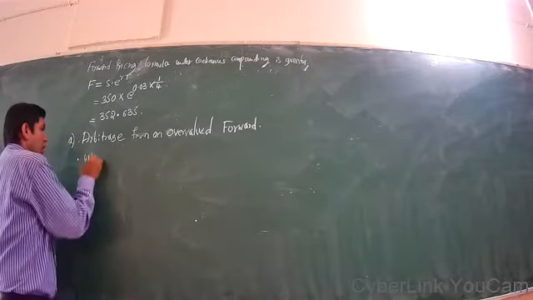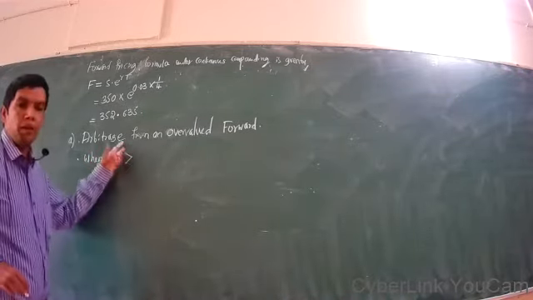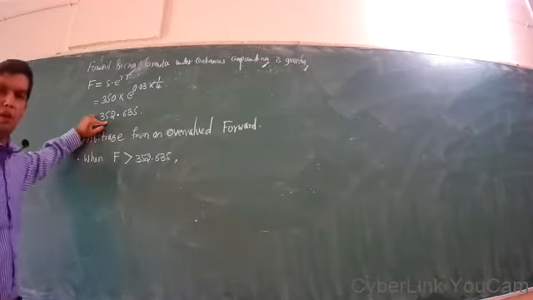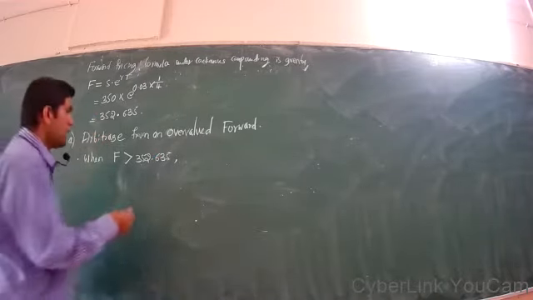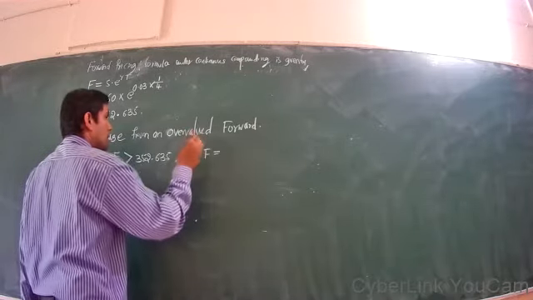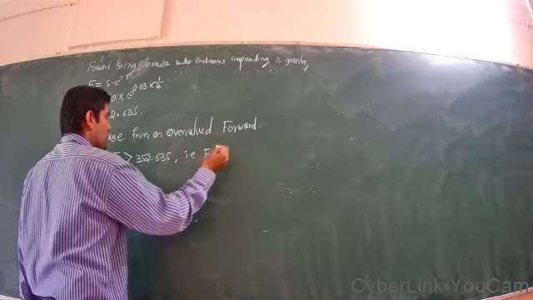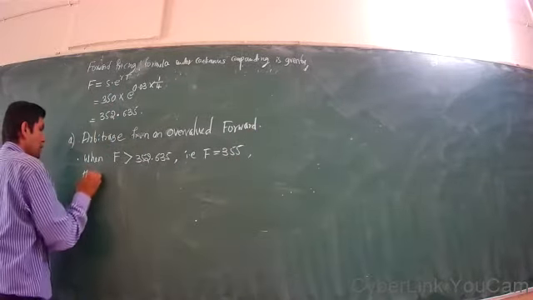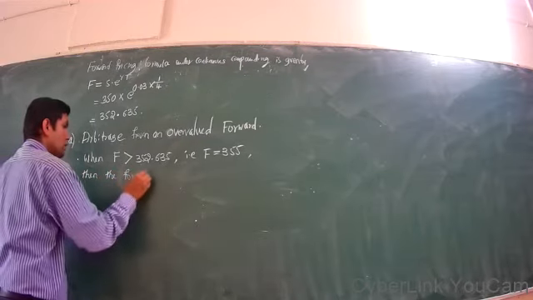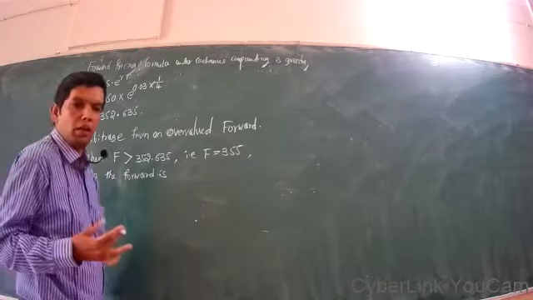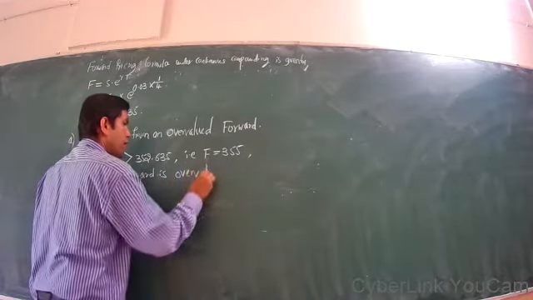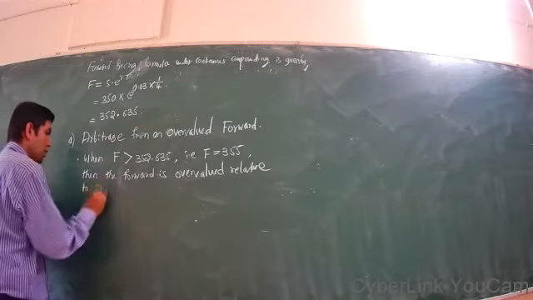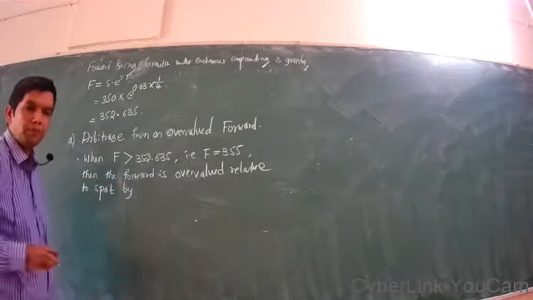When F is greater than 352.635, say, for example, F equal to 355, then the forward is overvalued relative to spot by the amount.